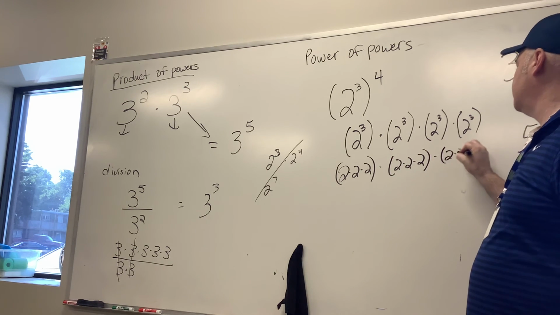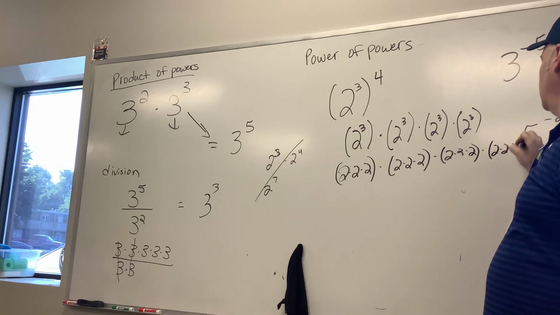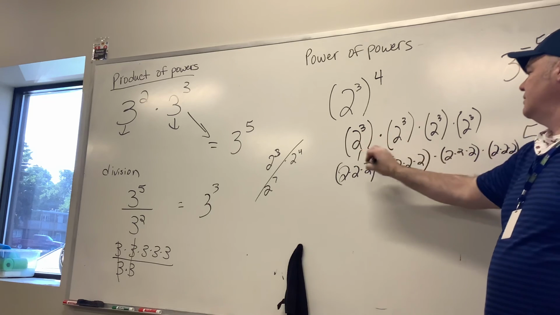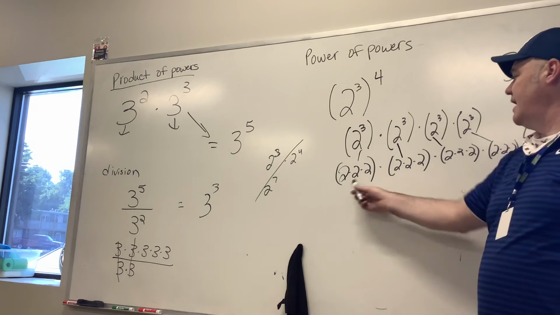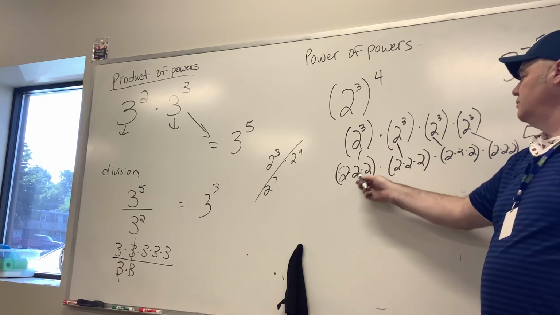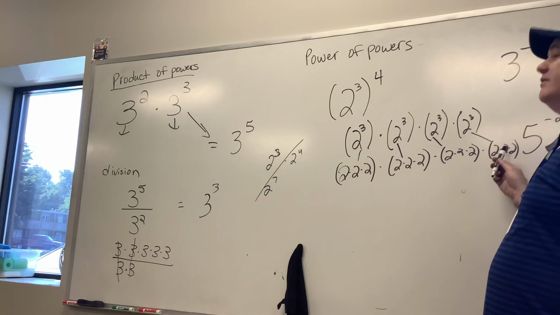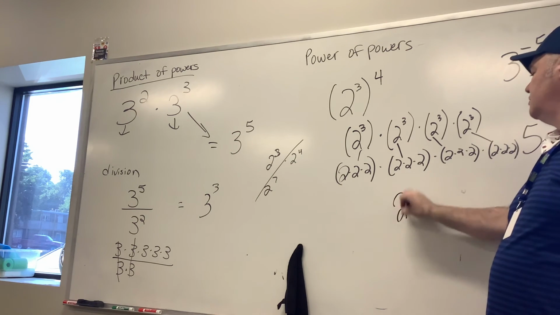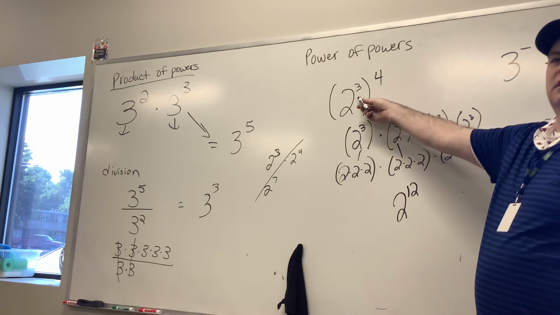I wish I wouldn't have chosen such a big number. So this is this one, this one, this one, this one. How many 2's is that? Can you count them up? Let's do it together. 1, 2, 3, 4, 5, 6, 7, 8, 9, 10, 11, 12. 2 to the 12.